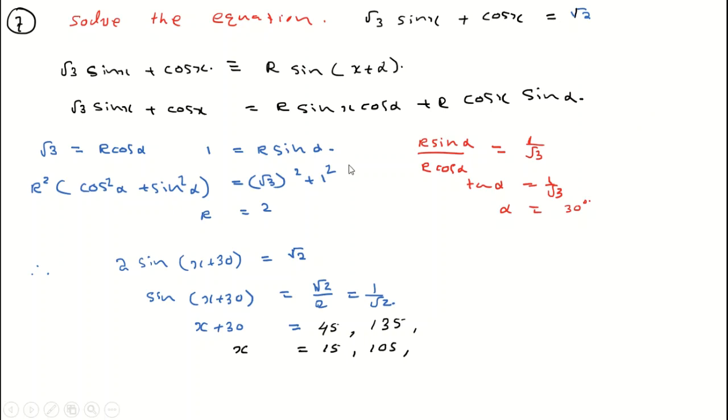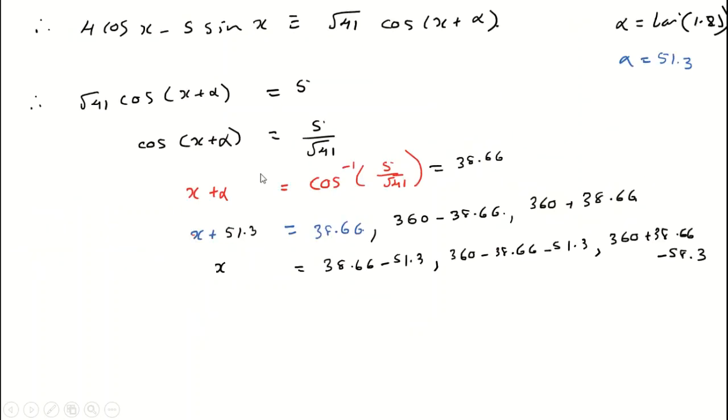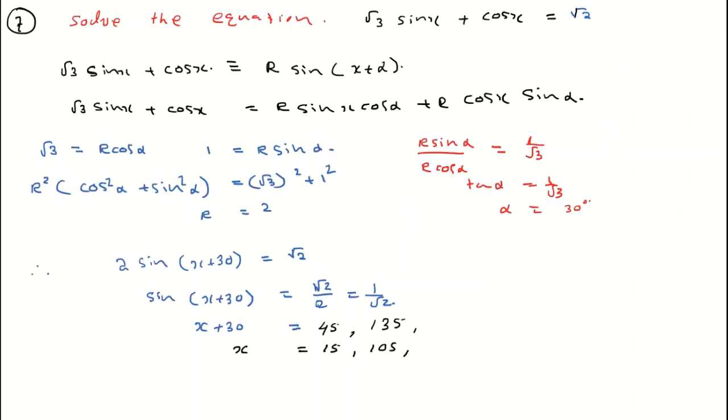Now you can see this equation. It says solve the equation root 3 sin x plus cos x equals root 2. They have not specified to take it in any form, so we will take it as r sin(x plus alpha). Then we can open the right hand side and compare the coefficients and find root 3 is equal to r cos alpha and 1 is equal to r sin alpha.